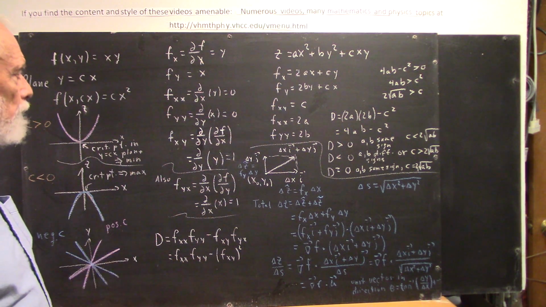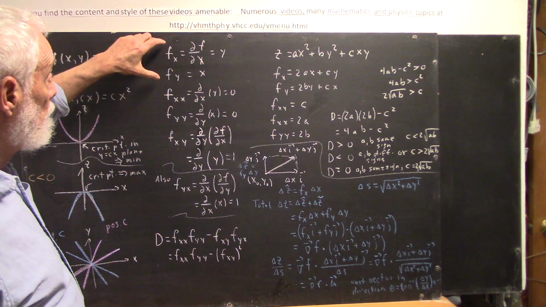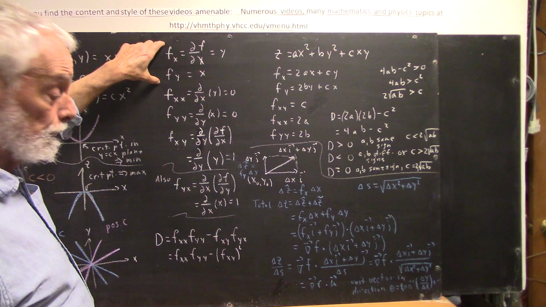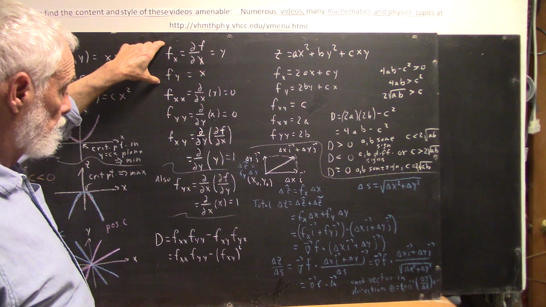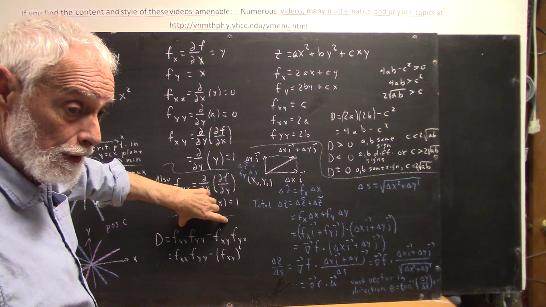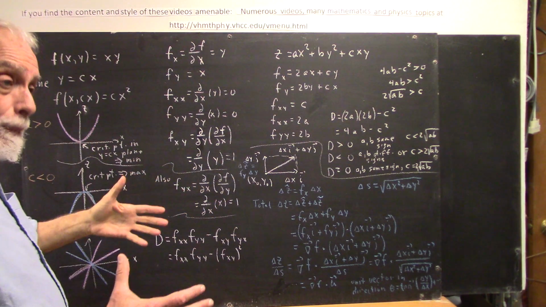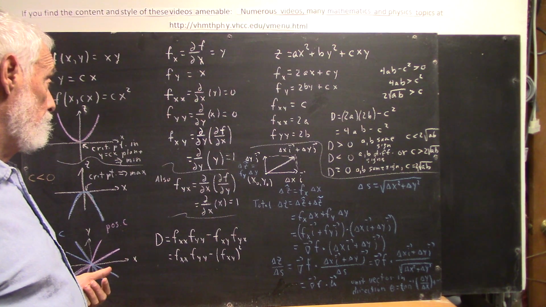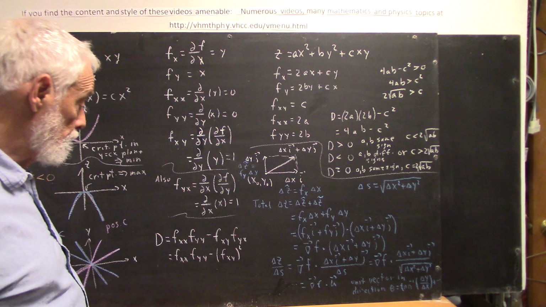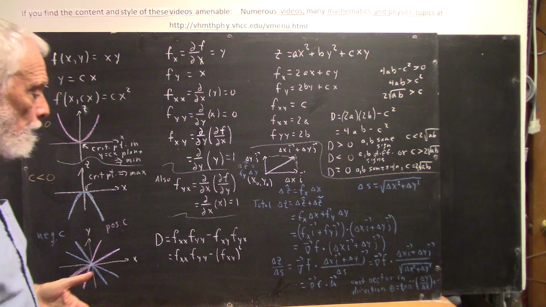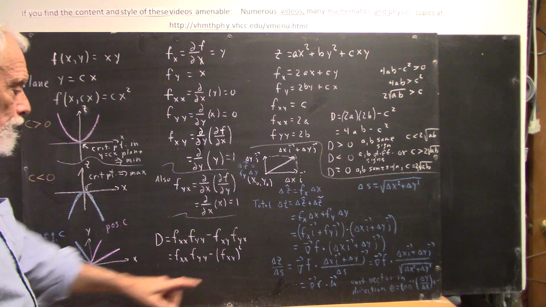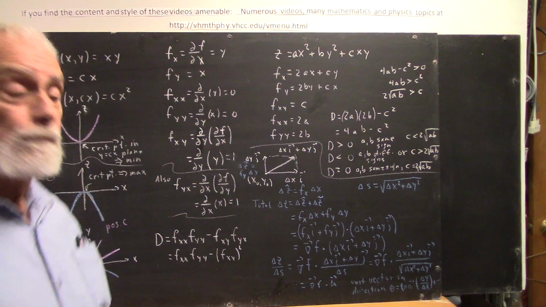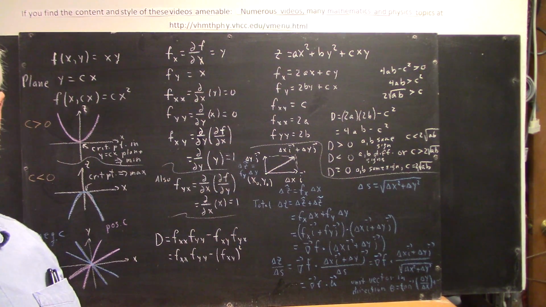The whole idea is you find your critical point by setting the x derivative equal to 0 and the y derivative equal to 0. You then test the critical point with this test to see whether you have a maximum, a minimum, according to the signs of the fxx and fyy, or a saddle point if the fxy is too big. We're going to apply that to an example in the next video.